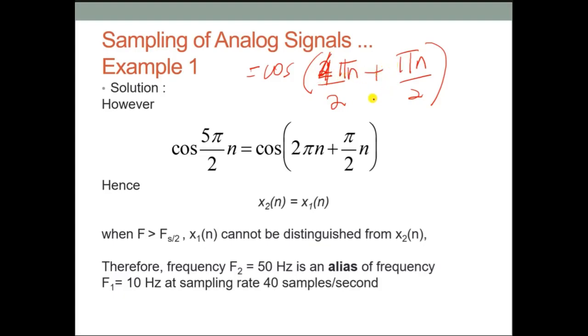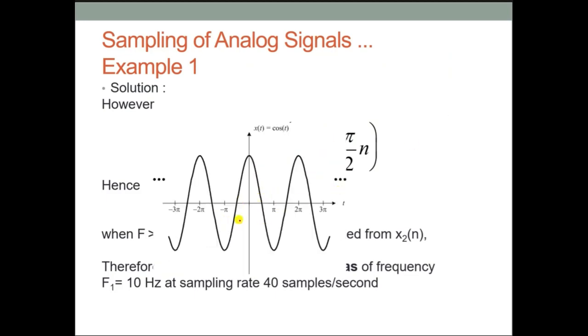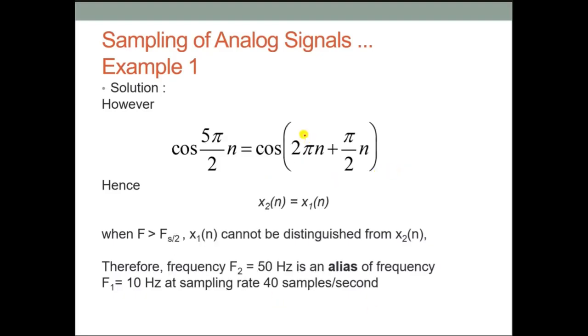So we simplify this one: this is 2, this is 1. So we get 2 pi n plus pi n over 2. As you can see here, this is a complete cycle. For a cosine signal, 2 pi completes one cycle again. So that's why this part you can actually neglect.